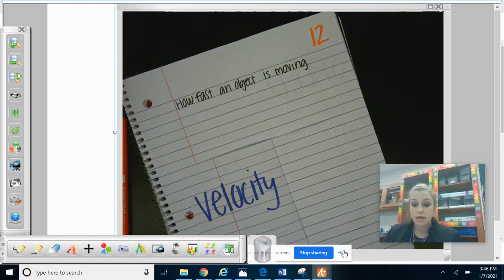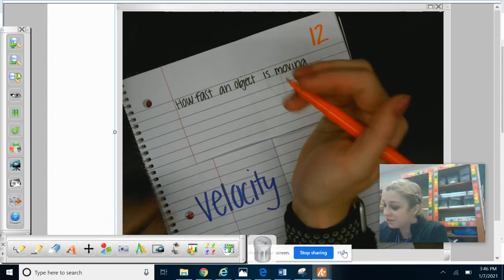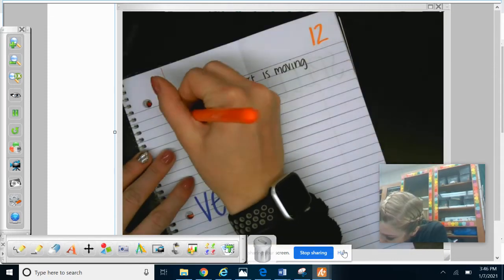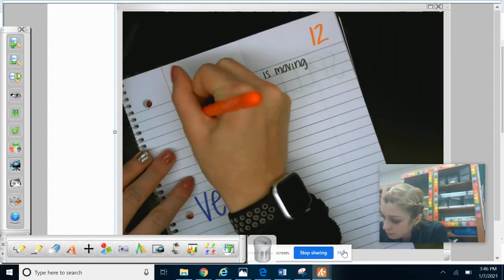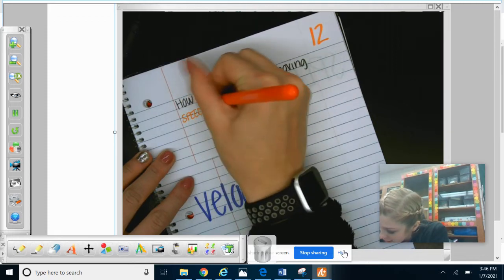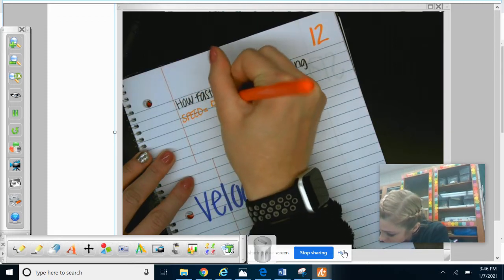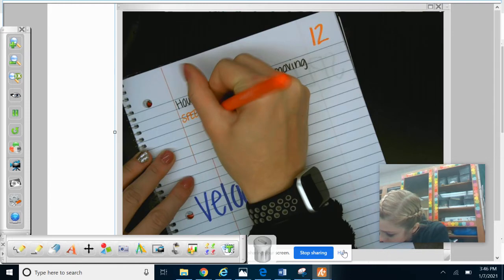And for speed, we use the formula, which you already learned this week, so this one isn't new. We use the formula speed equals distance divided by time.